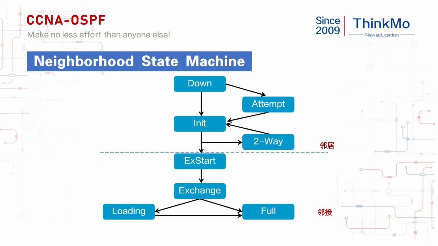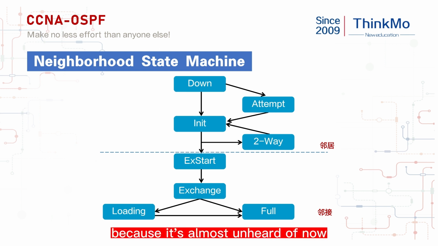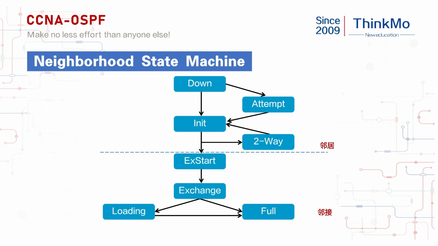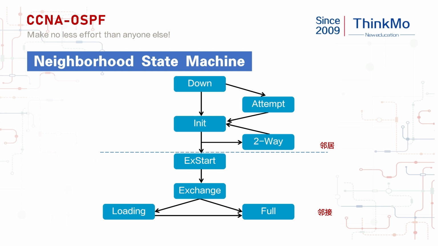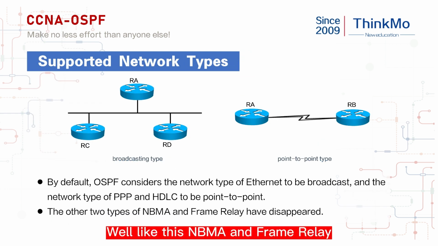Among them, we will not discuss the attempt state now, because it's almost unheard of now. There is no application scenario for it. So we call them OSPF's 7 states. By default this will not be mentioned. OSPF was created early, so it supports many ancient network types, like NBMA and frame relay.